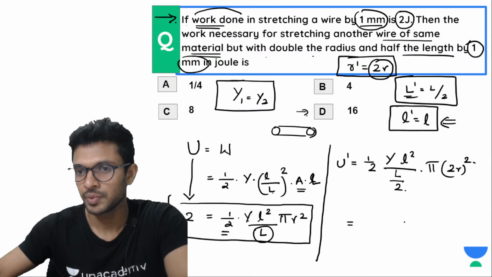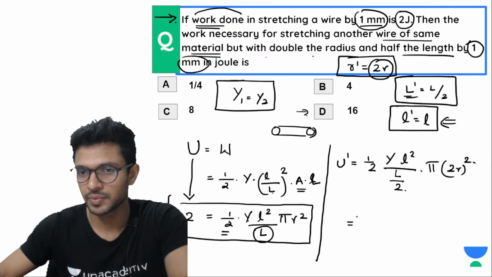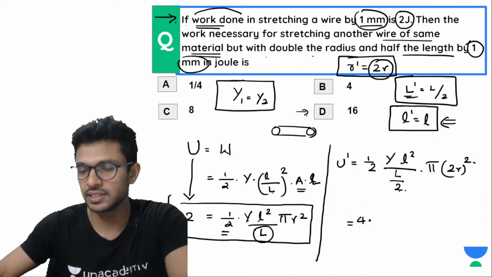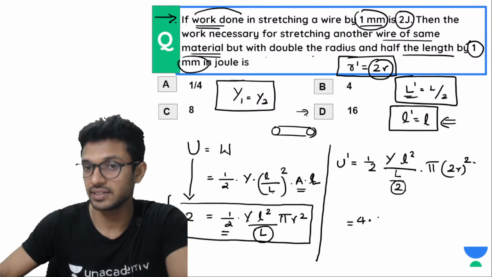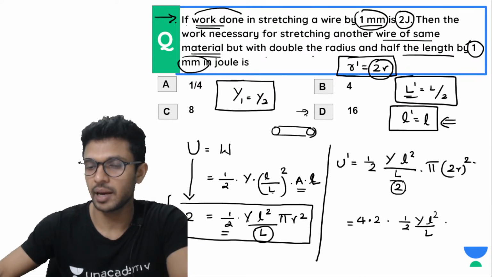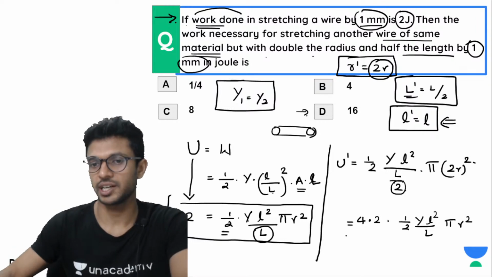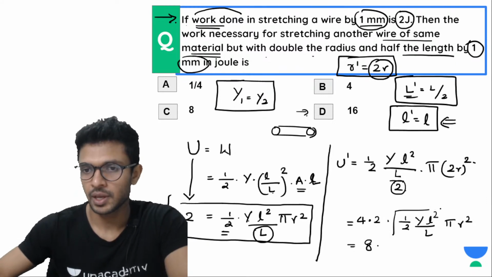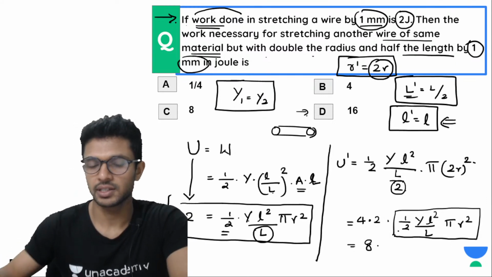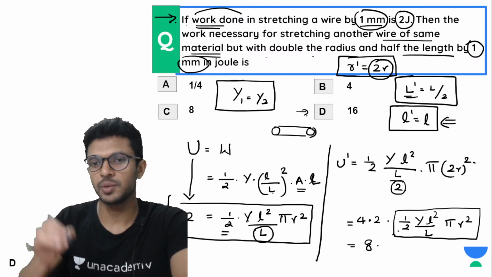Okay. So now this 2 square is 4. This 2 I am talking about, ye 2 hai na, this will go up as a numerator. What do we have as remaining? Half Young's modulus chotu L square by capital L square pi r square. 4 2s are 8. Now tell me, what is the value of whatever I have put in bracket?